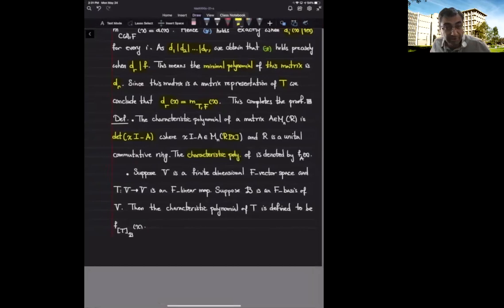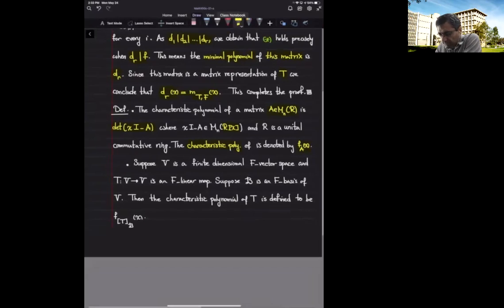So we can do it for an arbitrary unital commutative ring. We are going to use it when R is a field. So that way we can define the characteristic polynomial of a matrix with entries inside a ring or a field, unital commutative rings.